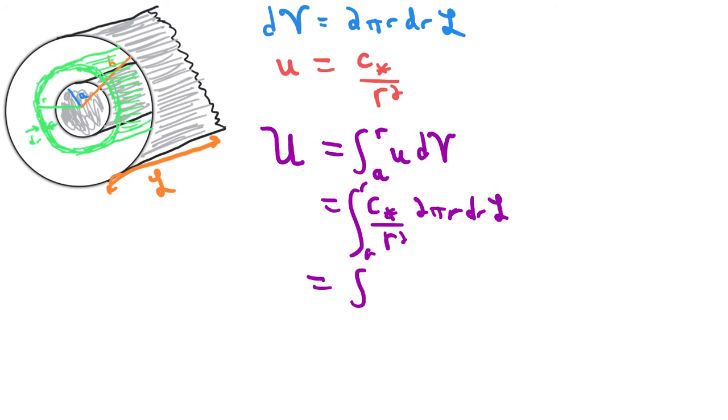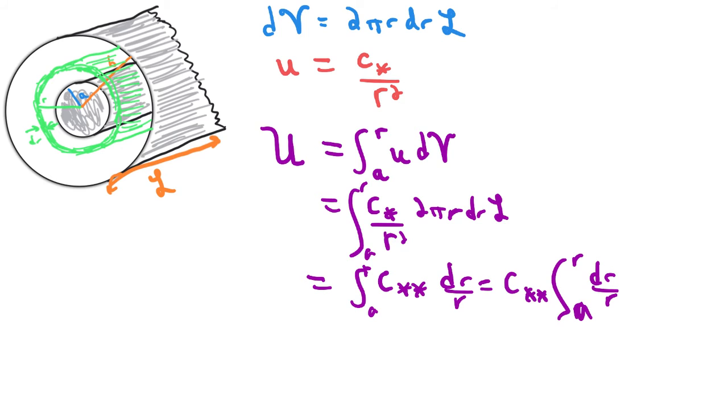We have C star times 2 pi times L, and that's all going to become C, let's say, double star. And then we're going to have an r over r squared and a dr, so we're left with dr over r. But brilliantly enough, the constant is, after all, constant, so I'm going to bring that outside, and I'll have some constant C double star, the integral from a to r of dr over r.